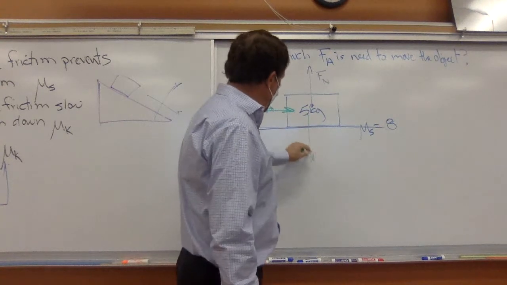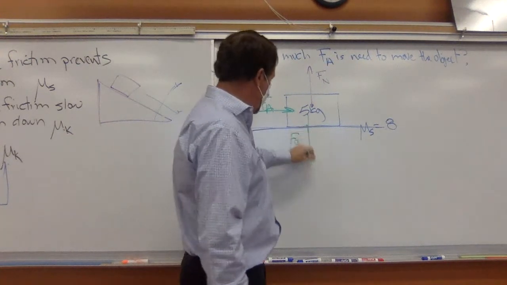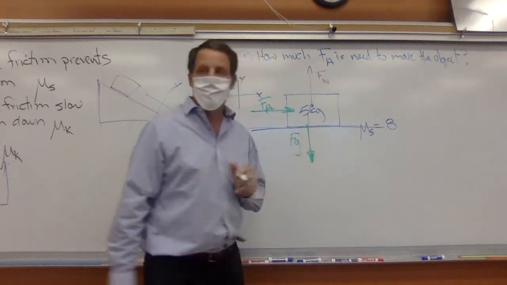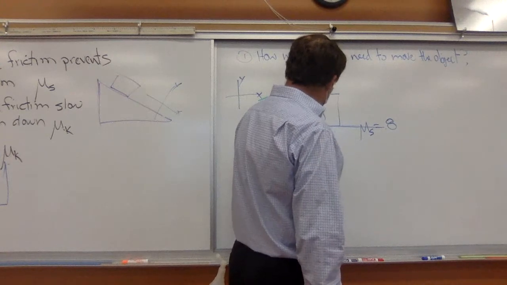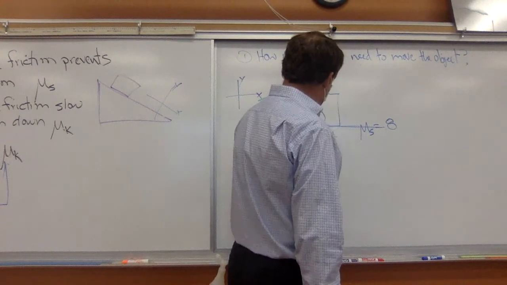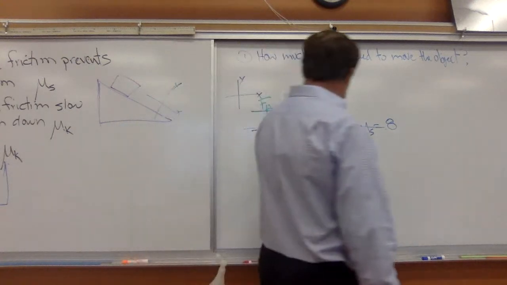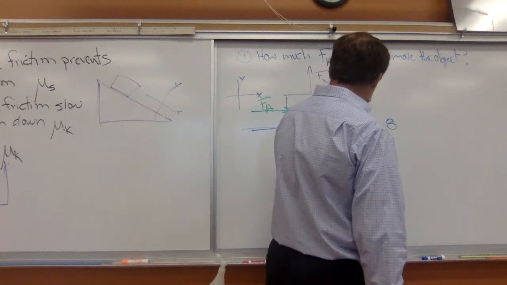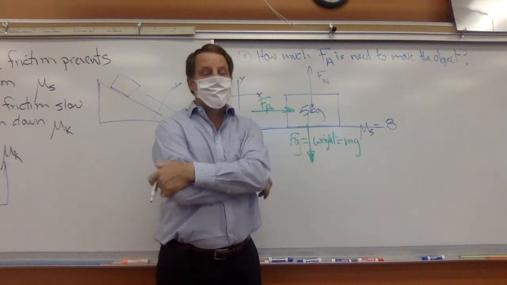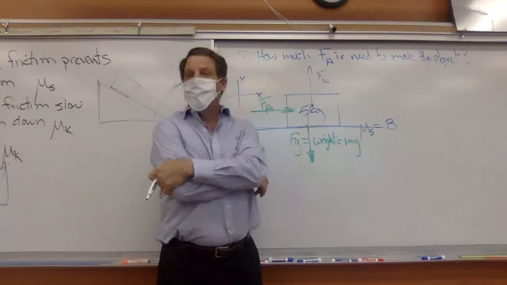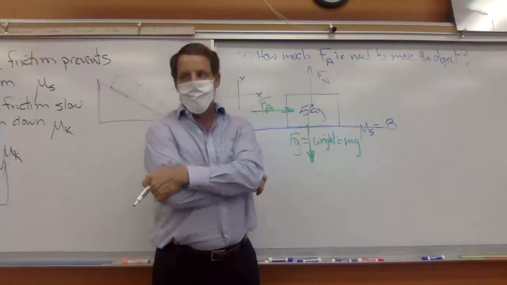So as we all know, the force of gravity is going straight down. Okay. And that force of gravity is also known as weight. And we know from the lecture the other day that it's going to be your mass times the acceleration due to gravity. And on the surface of the Earth, that g, as you know, is 9.8.